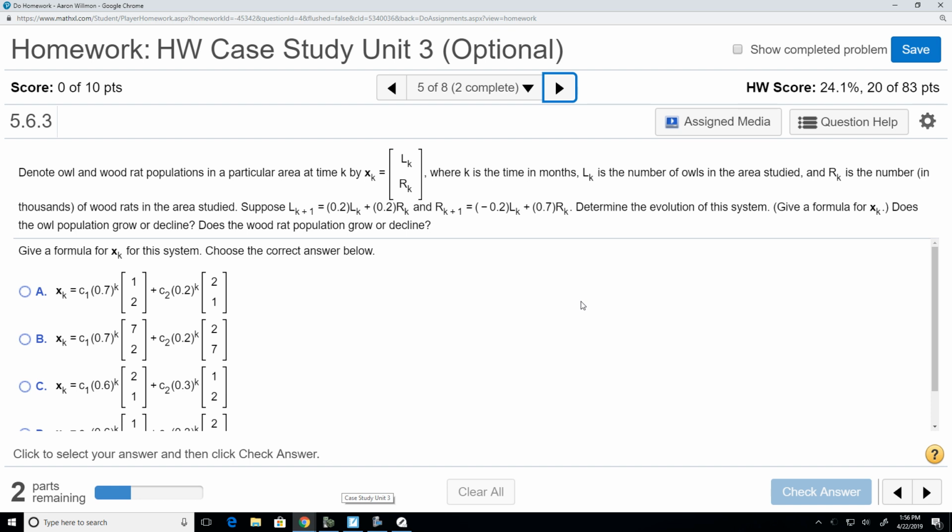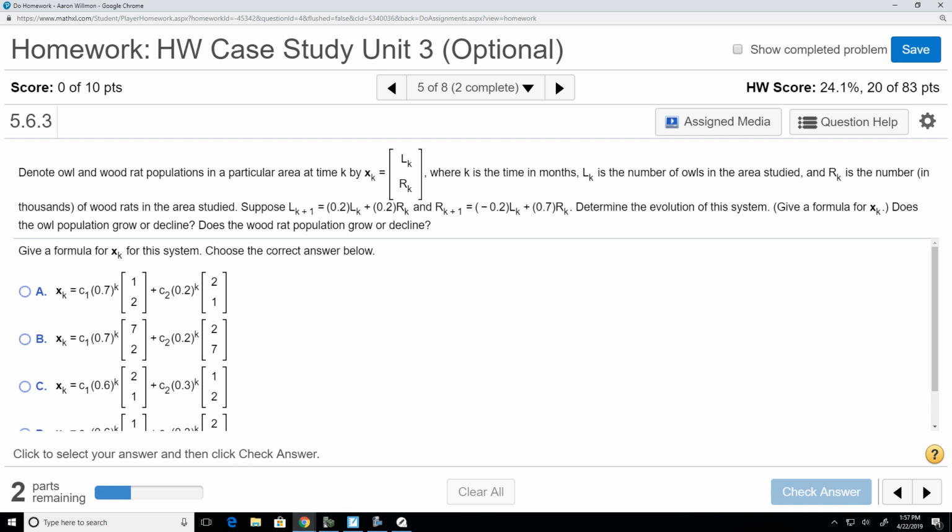And we know that L sub k plus 1 is 0.2 times L sub k plus 0.2 R sub k. And R sub k plus 1 is negative 0.2 L sub k plus 0.7 R sub k. The owl population and the rat population are dependent on each other because the owls need the rats to eat.